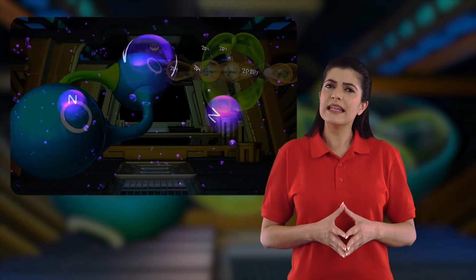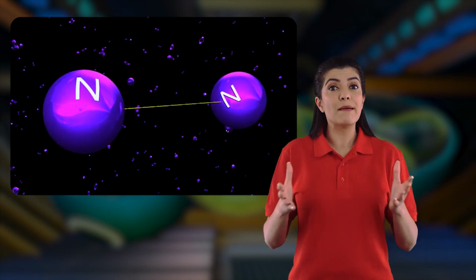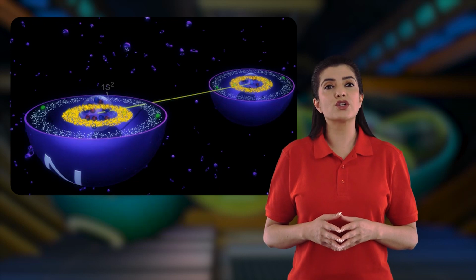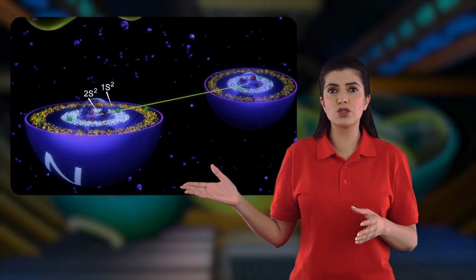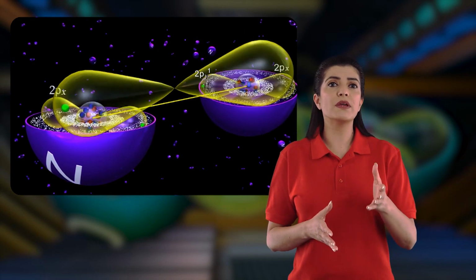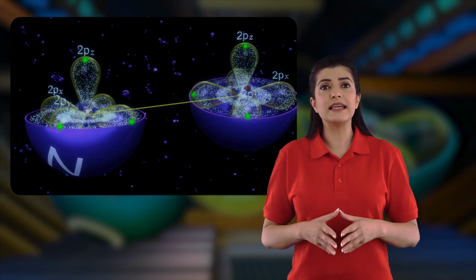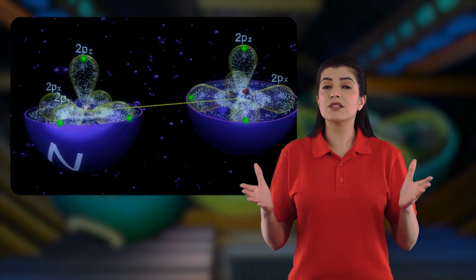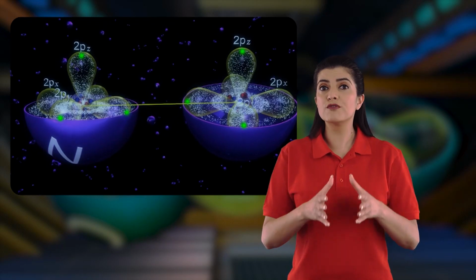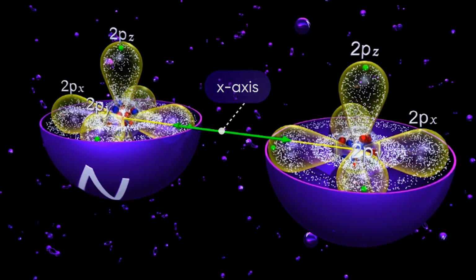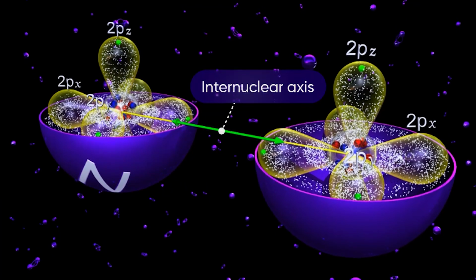Now, let's observe the overlap of two nitrogen atoms having an electronic configuration of 1s2, 2s2, 2px1, 2py1, 2pz1. As you can clearly see, there are 3 p electrons which need to be paired in order to form a nitrogen molecule. These atoms approach each other along the x-axis, which acts as the internuclear axis.